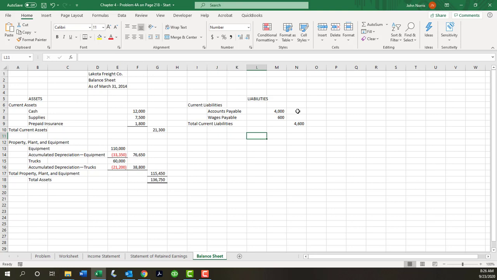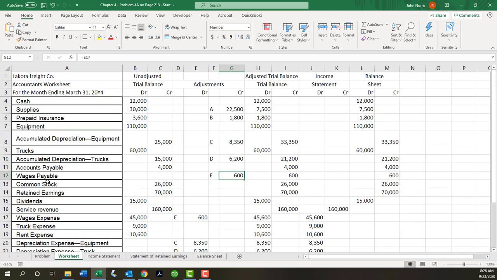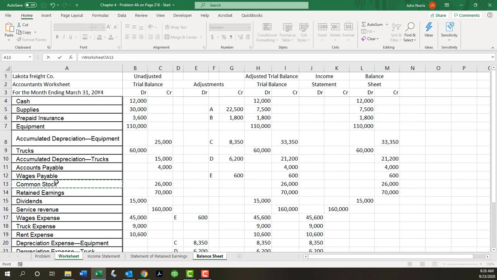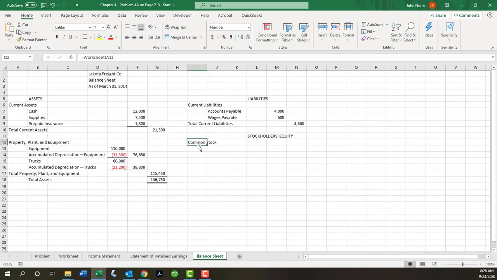Stockholders' equity consists of common stock and retained earnings.